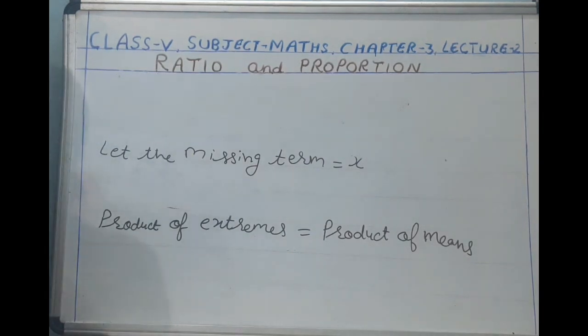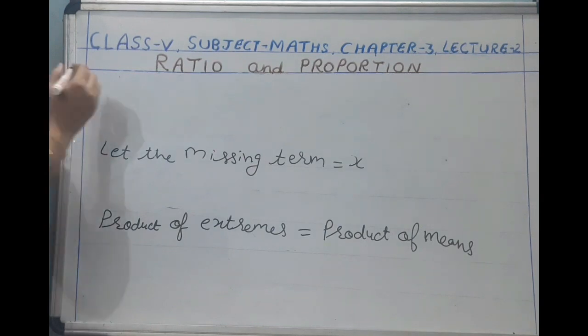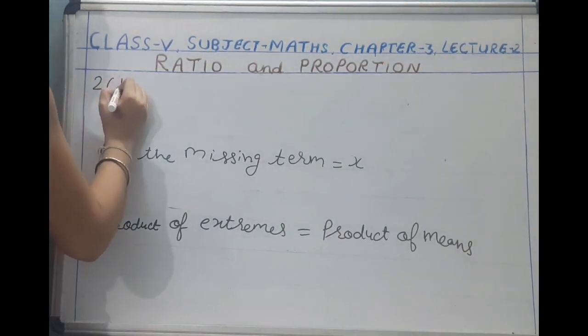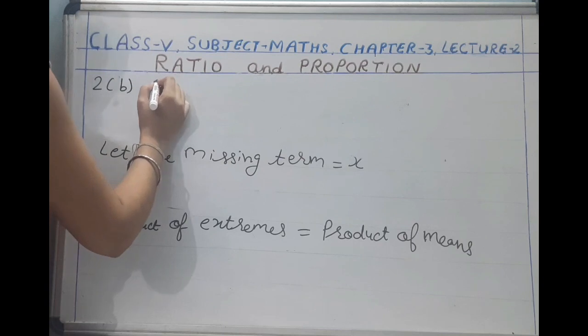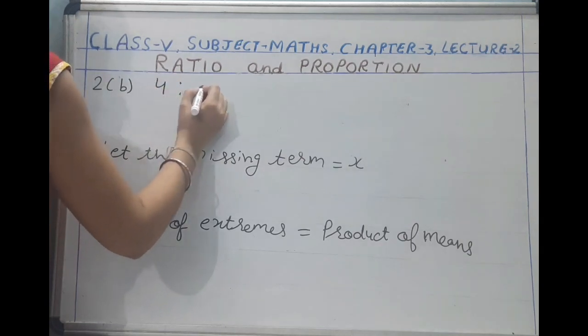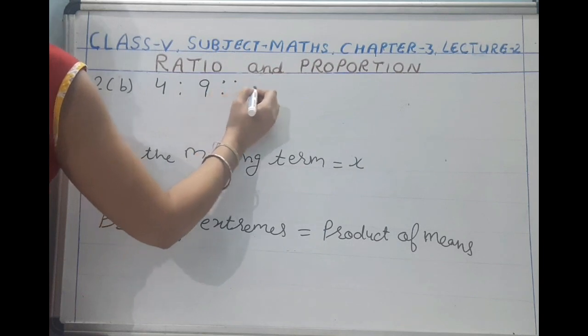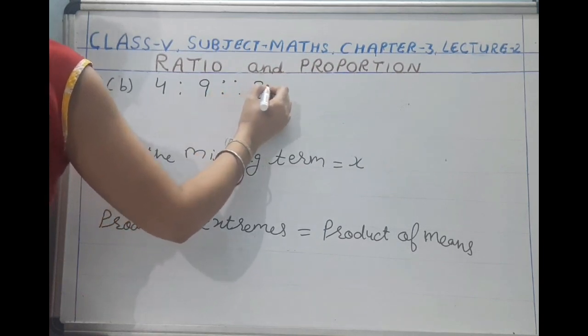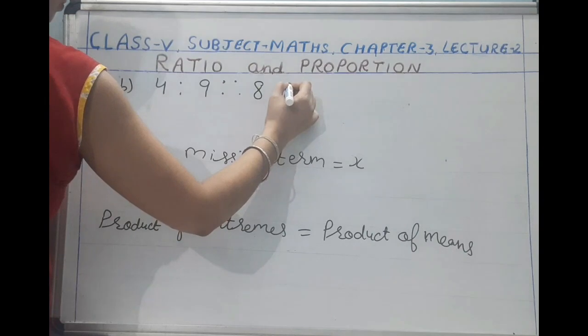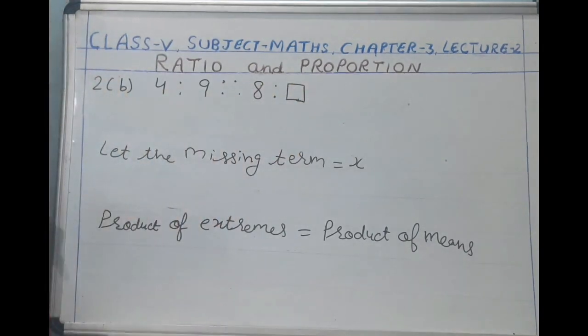Now we will do the B part of the second question. Find the missing term. 4 ratio 9 proportion 8 ratio, and the box is made here. So what we will do?